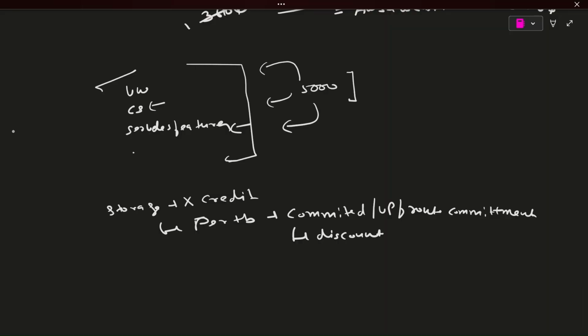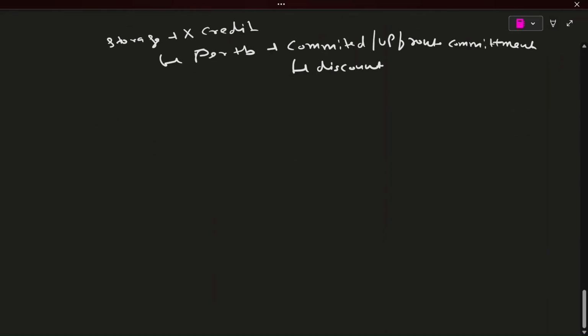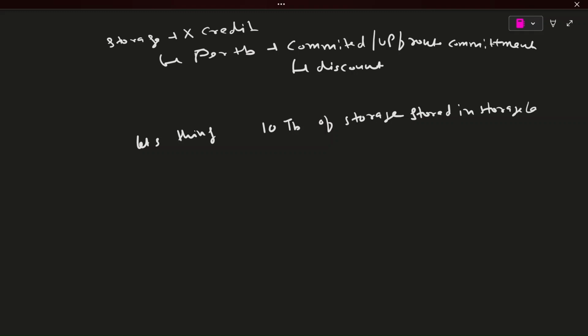Now let's understand a little bit how Snowflake pricing works for your storage. So guys, let's take an example of storage. Let's think I had 10 TB of storage stored in my storage layer, or in some table, let's say.